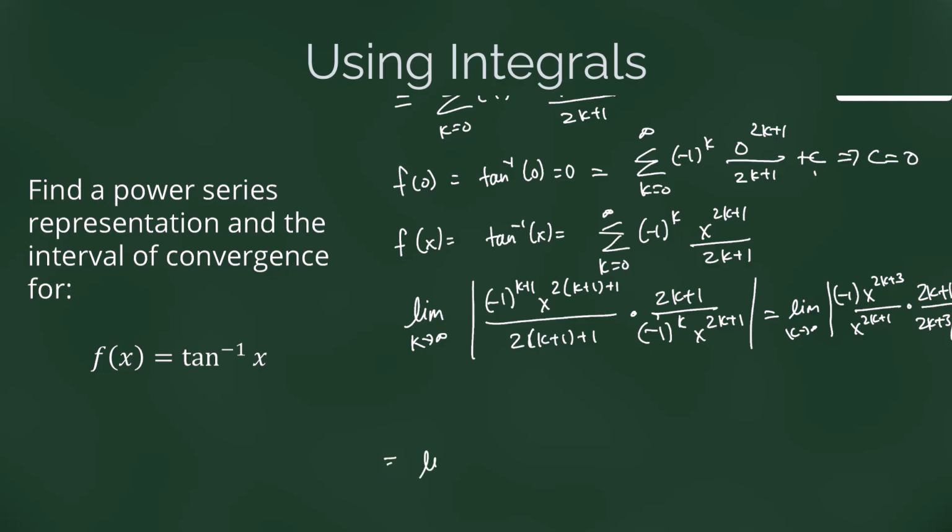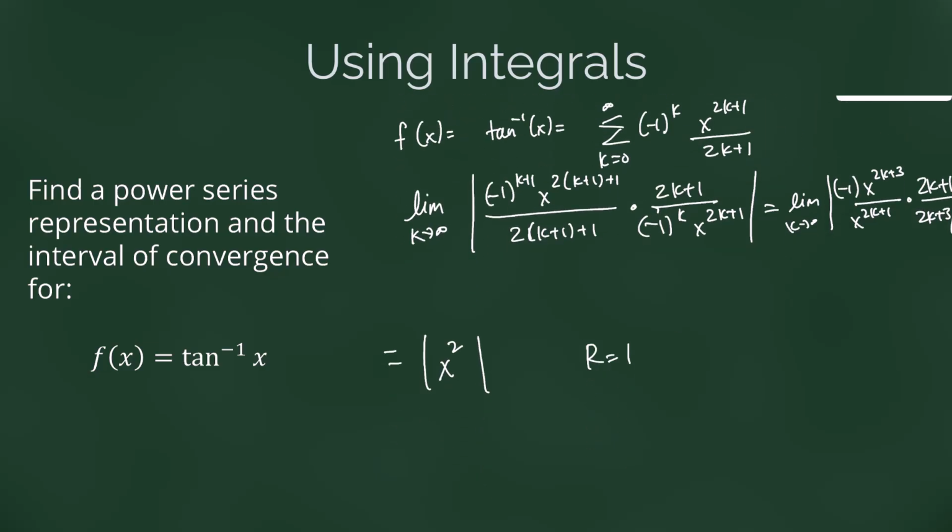We can see that the 2k plus 1 over 2k plus 3 term goes to 1. So we end up with the absolute value of x squared here. So our radius of convergence, x squared, is going to be less than 1. When x is between -1 and 1, we have a radius of convergence of 1. We're going to look from -1 to 1. Let's examine our endpoints.